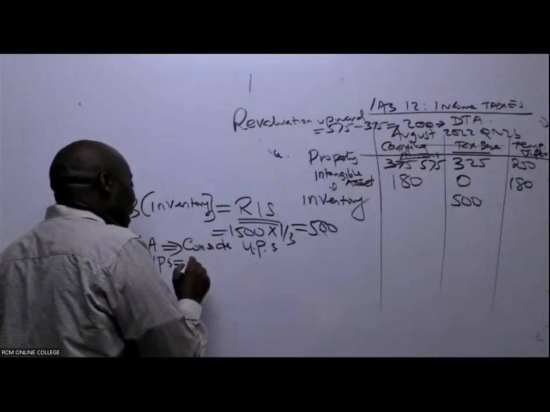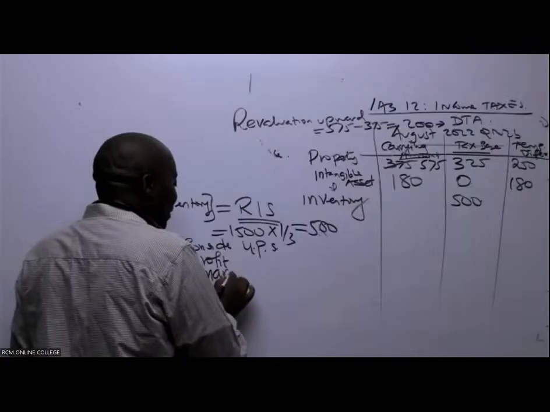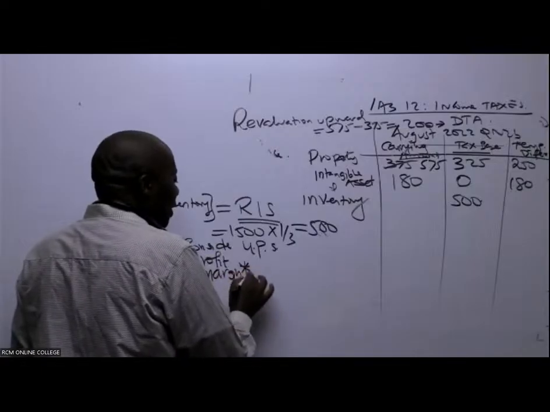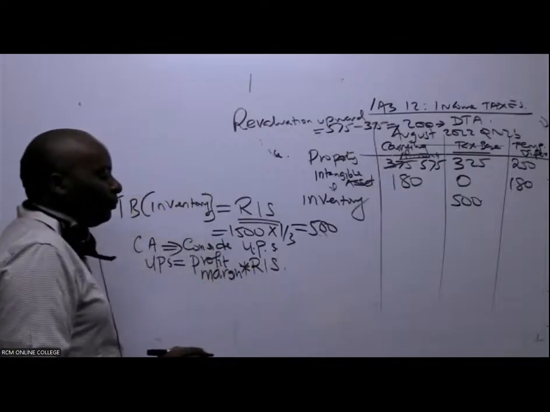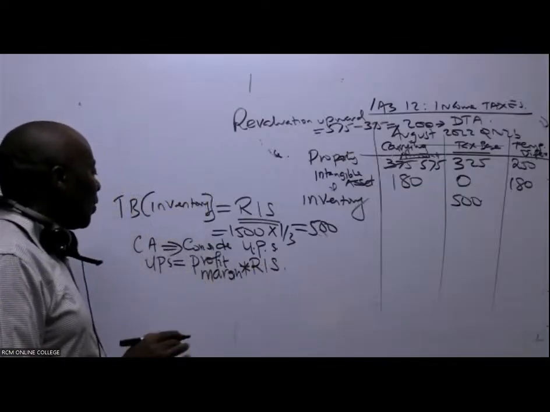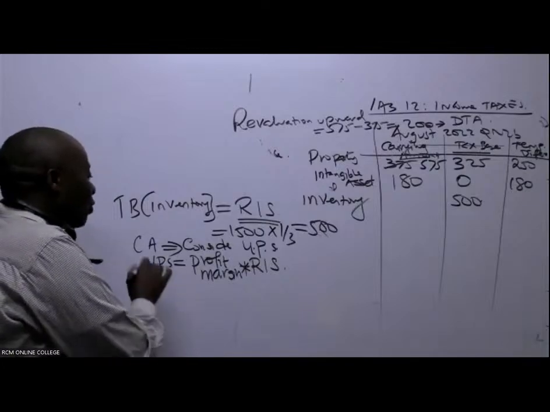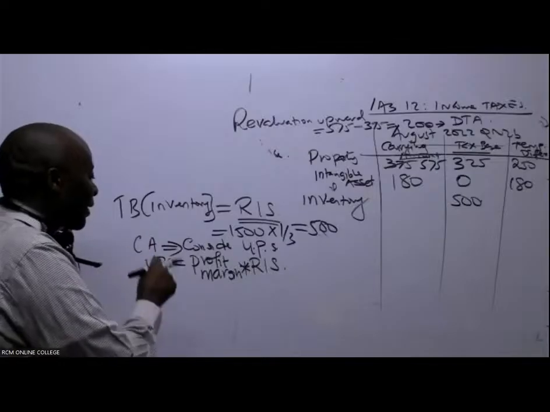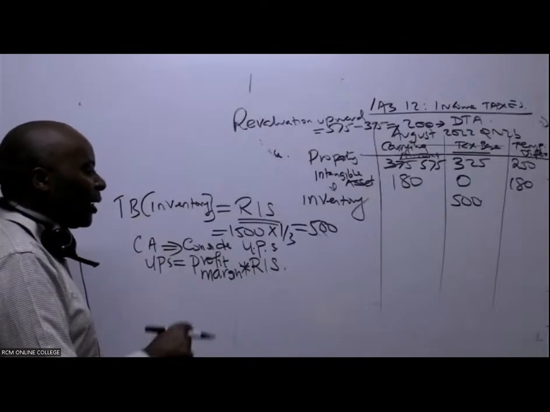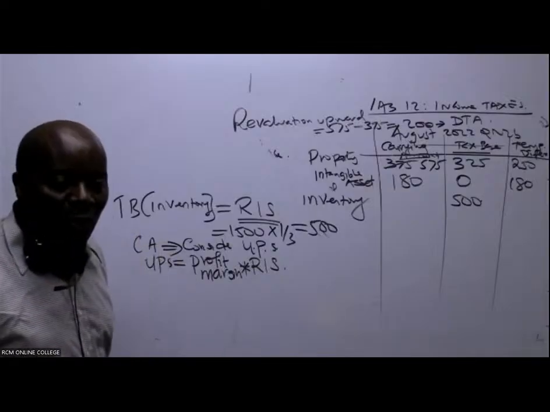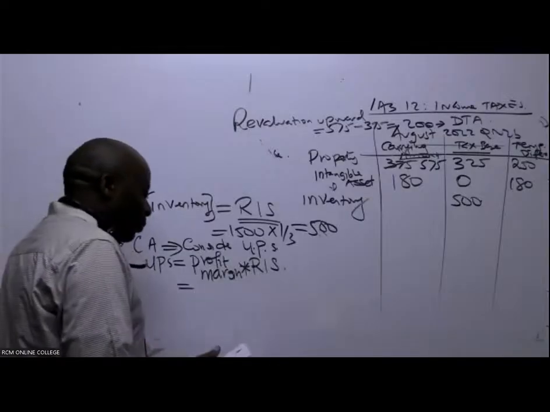To get UPS, we normally take profit margin times remaining intra-sales. So anytime, ladies and gentlemen, they want you to get UPS, unrealized profit on stock, you always take the profit margin times the remaining intra-sales. The examiner was gracious enough to give us the profit margin.